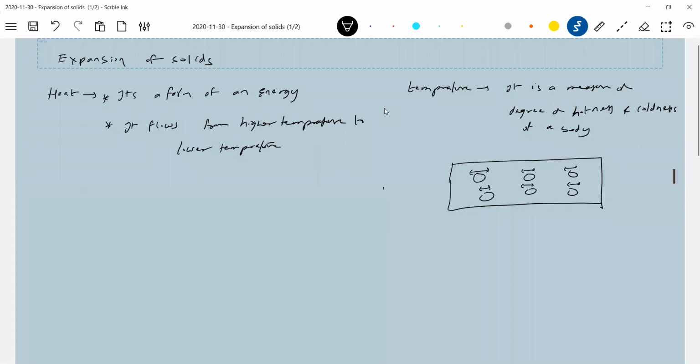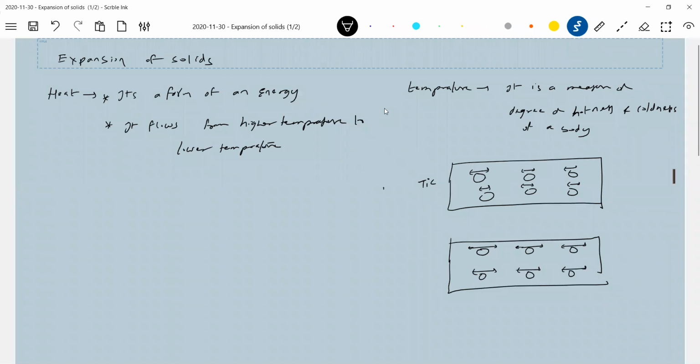Now, if this is at temperature T1 degree Celsius, then as I increase temperature, look at the length of the arrow, it shows that the amplitude of vibration will increase.